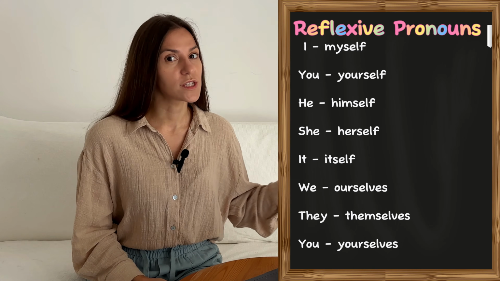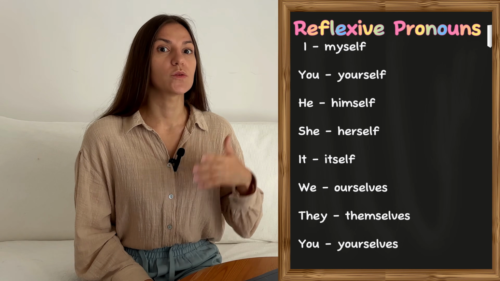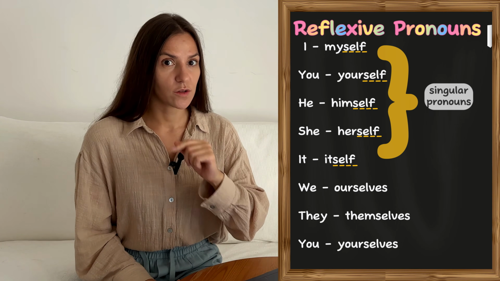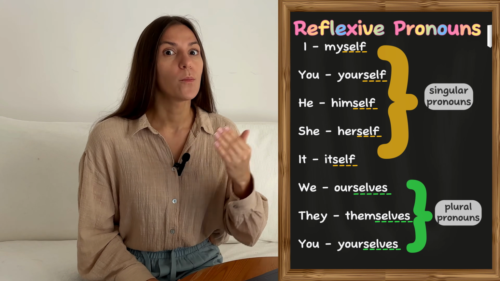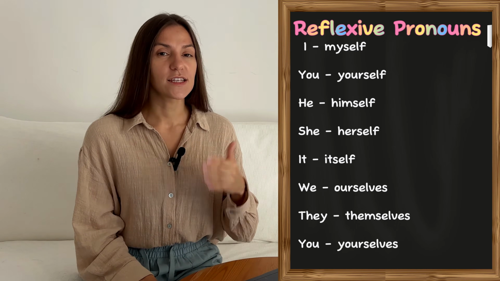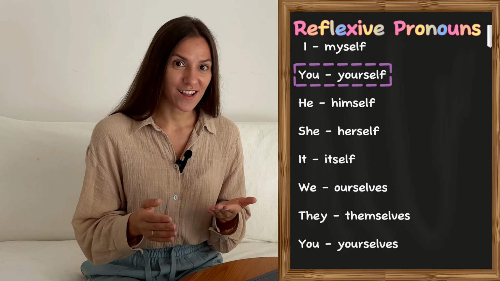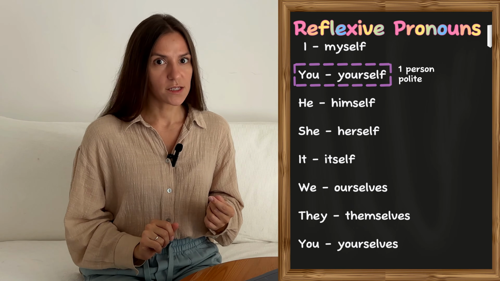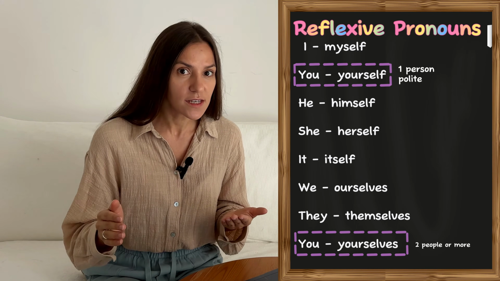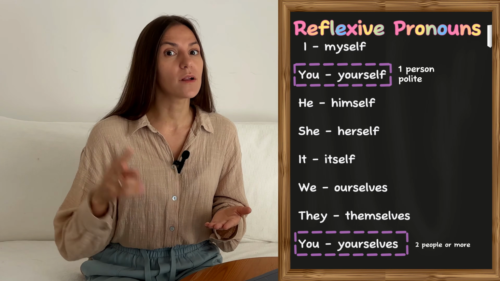You, yourselves. Pay attention that we use self for singular pronouns, while we use selves for plural pronouns. This is why we have yourself when we talk about one person or we're being polite, and yourselves when we talk about two people and more.